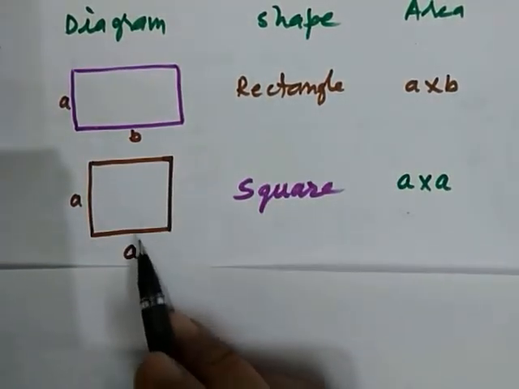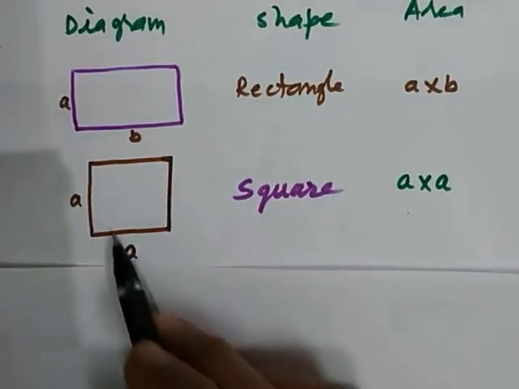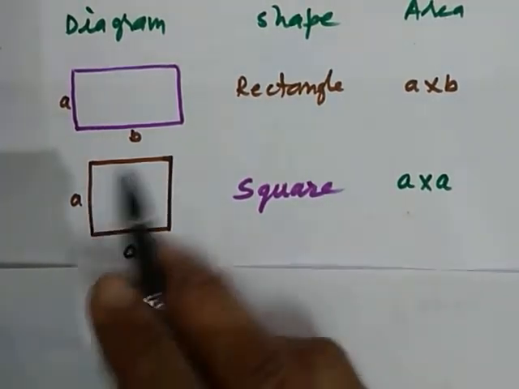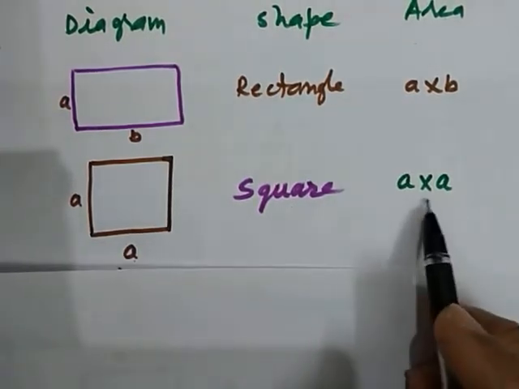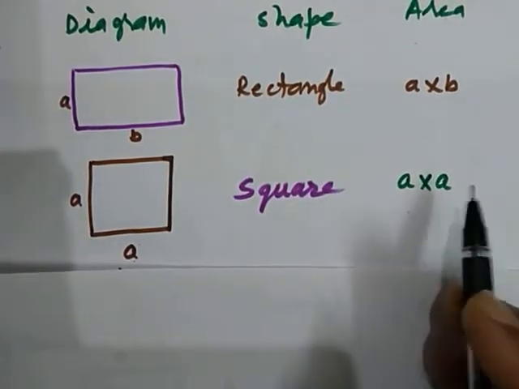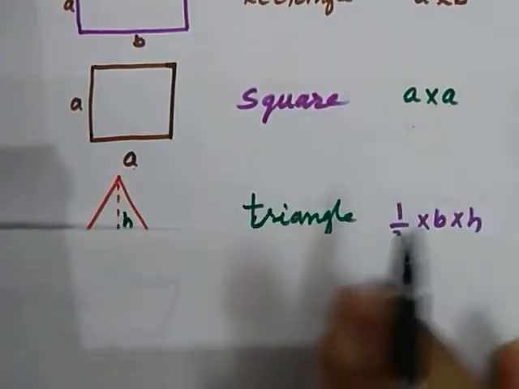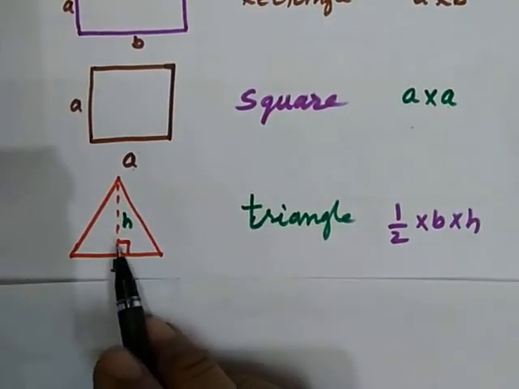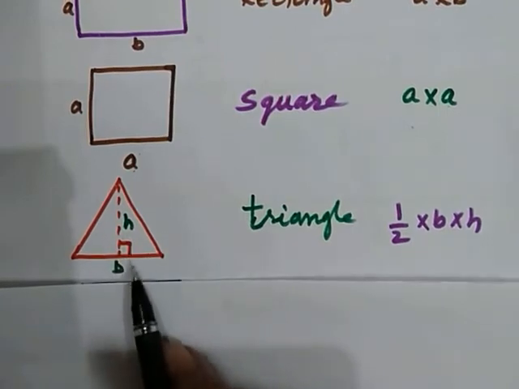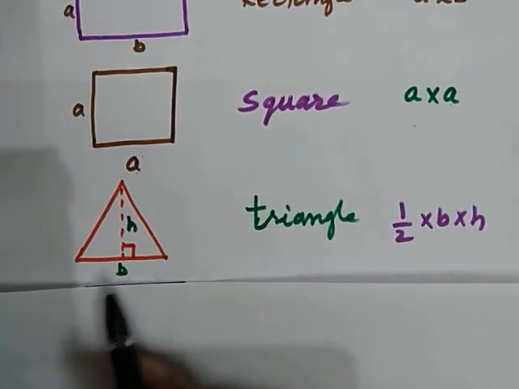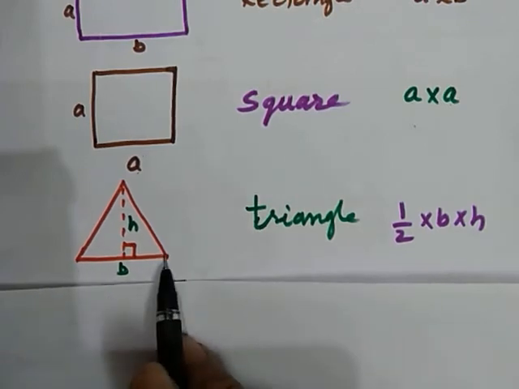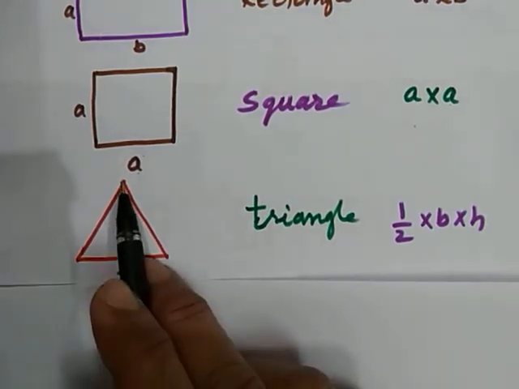This is the square whose sides are A. All the sides are the same. So these are A. Area of the square is A into A, that is A square. Okay. Now this is the triangle. For calculating the area of a triangle, we require base and height.